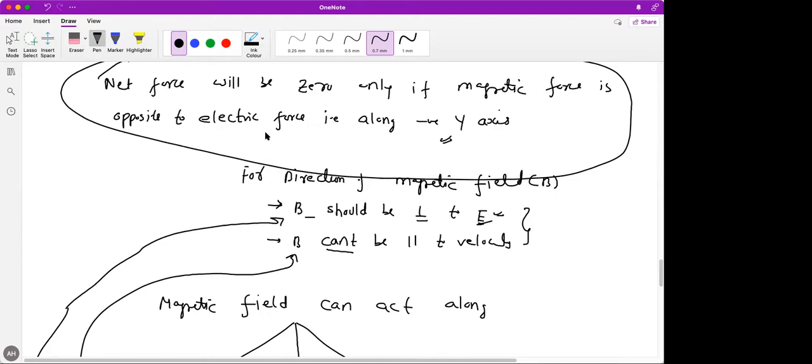Shazada, read each and every line very carefully. Where is the magnetic force? Where is the electric force?